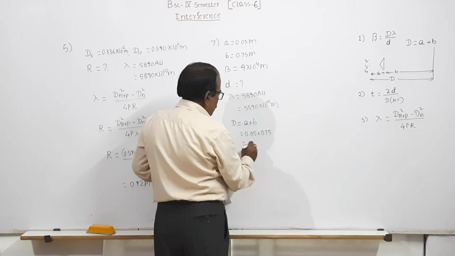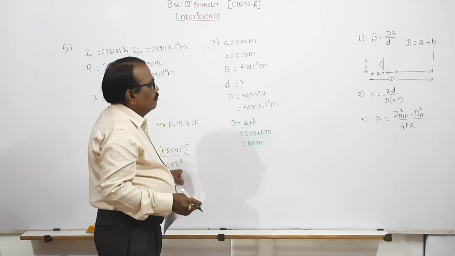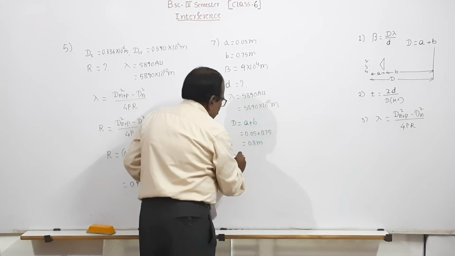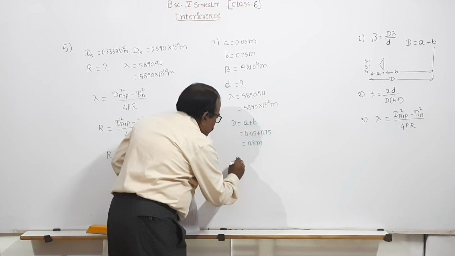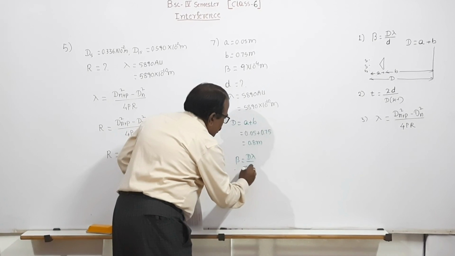This is 0.8 meter. And you know that first equation, beta is equal to D lambda upon d.